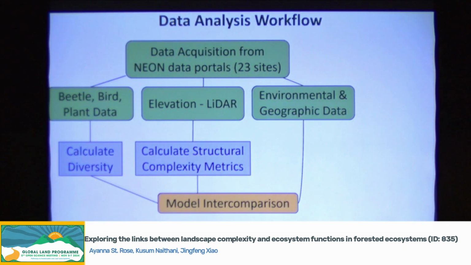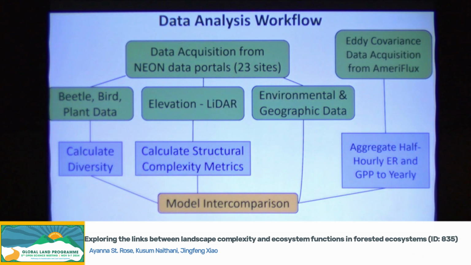So this is just a workflow of our methods. We sourced the data from NEON, so we used ground beetle data, bird data, and plant data, and we calculated the Shannon diversity and richness. We also used their elevation LiDAR data to calculate the structural complexity metrics, and we sourced environmental and geographic data from them.